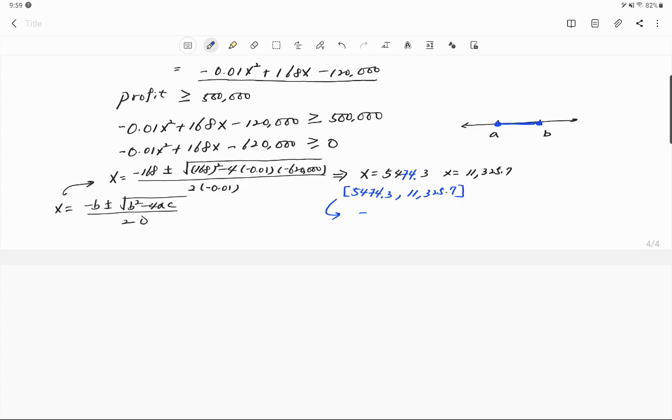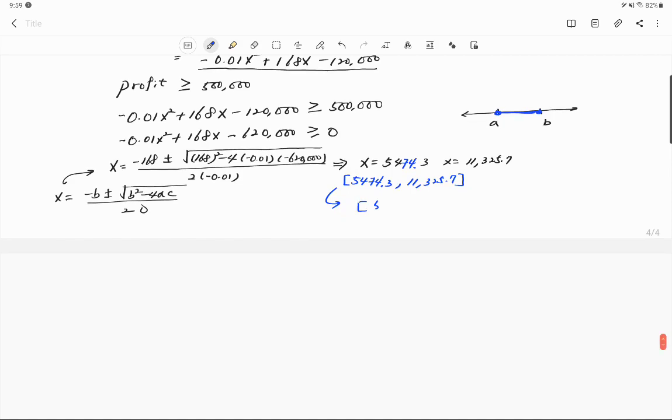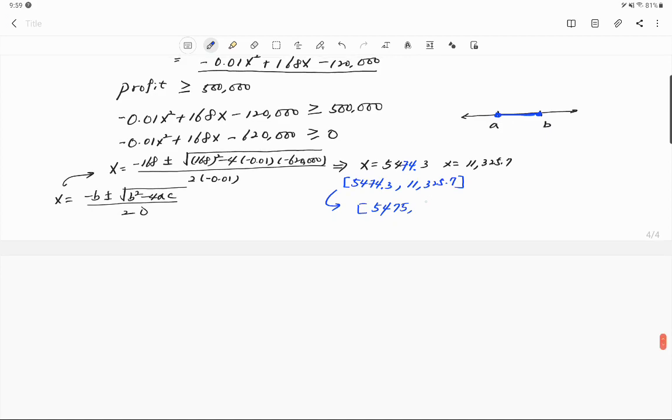So it has to be a number that gives a profit greater than 500,000. So the minimum number should be 5,475, and then all the way up to 11,325, because it has to be between these two numbers, right?